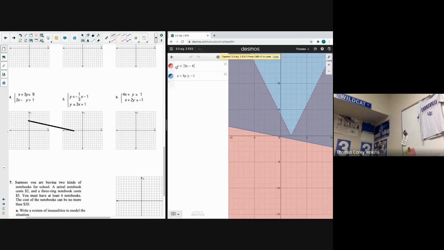This is on your filled out notes, number 8. It's just not on your blank notes. So we're going to say this is number 8, which is y is strictly less than the absolute value of 2x minus 4, and x plus 5y is greater than or equal to -1.